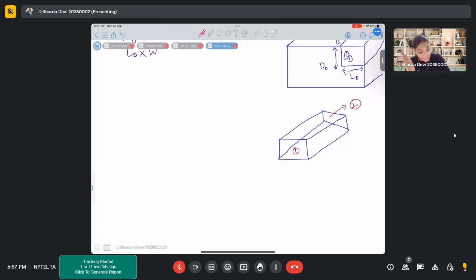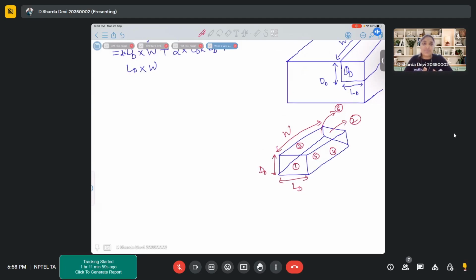This side face, which was with DD and W, this is face 3. The opposite to that one is face 4. Then there is a bottom surface, which I am naming as face 5, and the top surface is face 6. Correct? Now the question is, how many faces will have junction capacitance? Or if I tweak that question a little bit, how many faces will observe a PN junction forming over there?